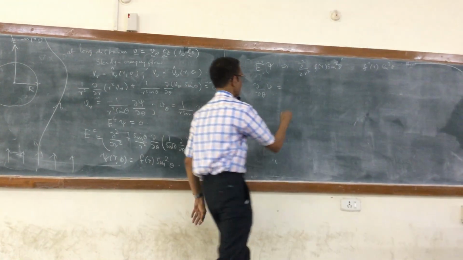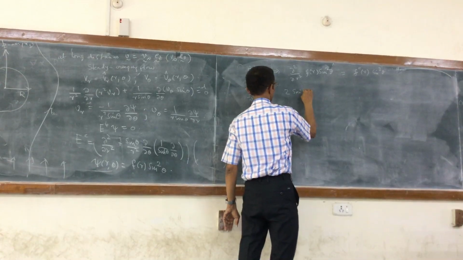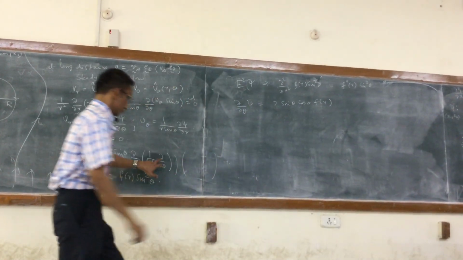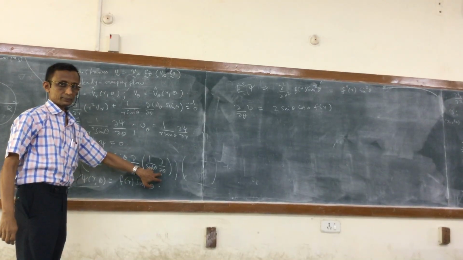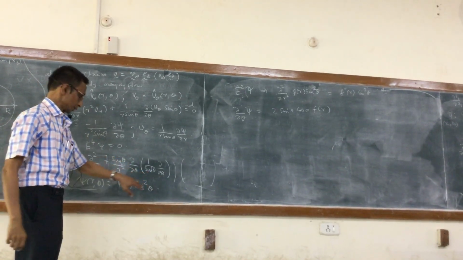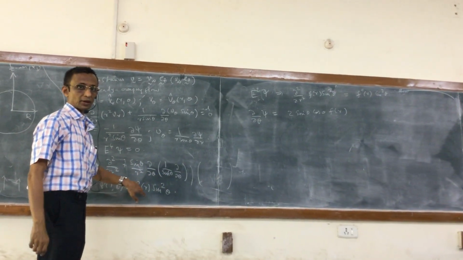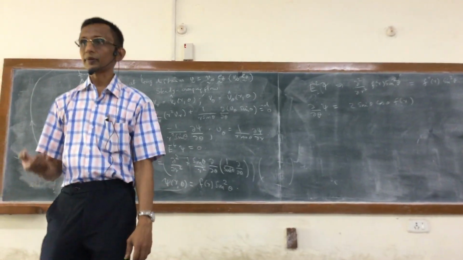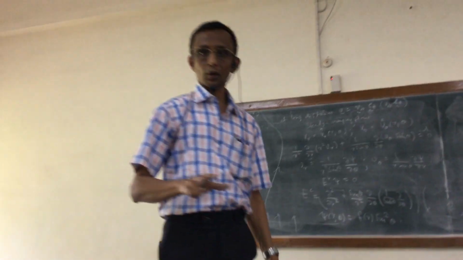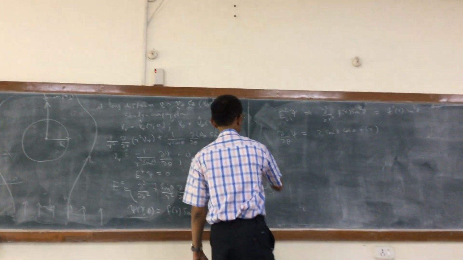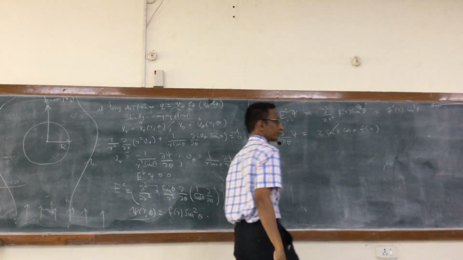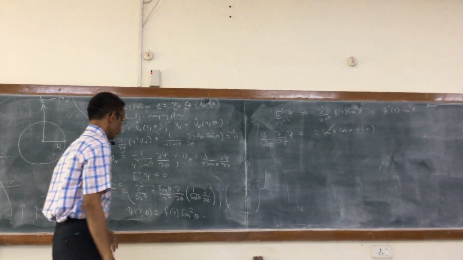So it would be f of r times 2 sine theta cos theta, since d psi by d theta has f of r, which will not be differentiated. Sine squared theta gives 2 sine theta times the derivative of sine theta, which is cos theta. Now I have to divide it by sine theta. When I divide it, I get 2 times cos theta times f of r.